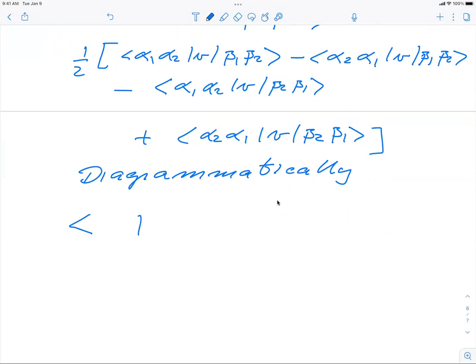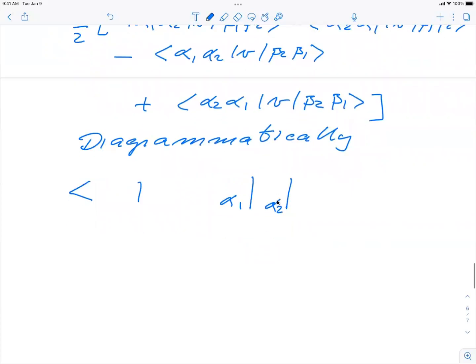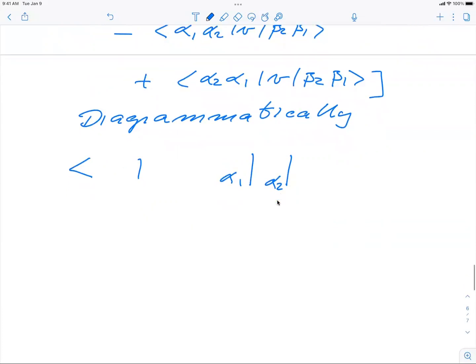So if I write this as a diagram, I have alpha 1 here. And remember that I haven't specified any arrow because I haven't done the contractions. When I put arrows on it, it means that I have performed contractions. So these states can be states above the Fermi level or below the Fermi level or whatever kind of states. Then the next thing is that we have the interaction.